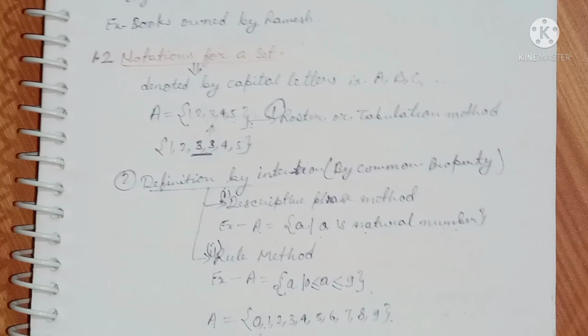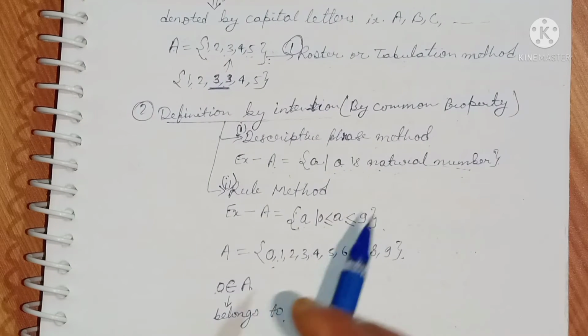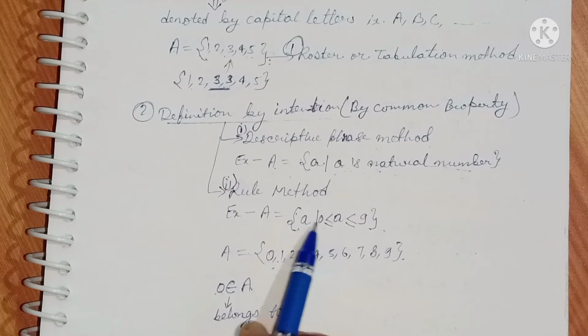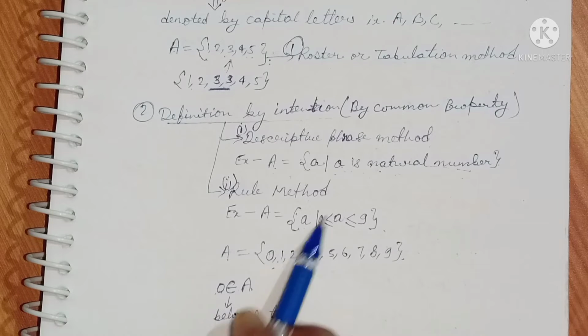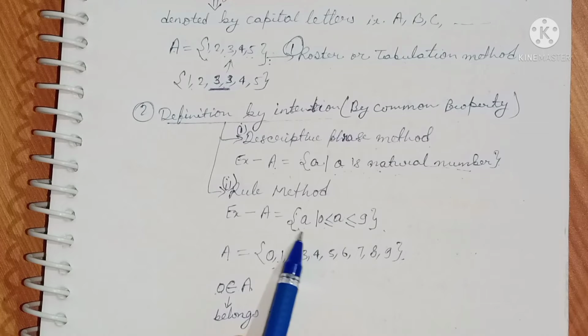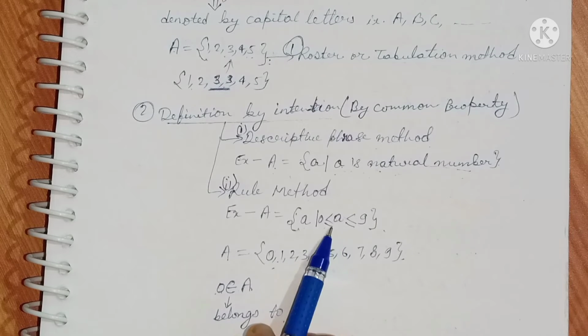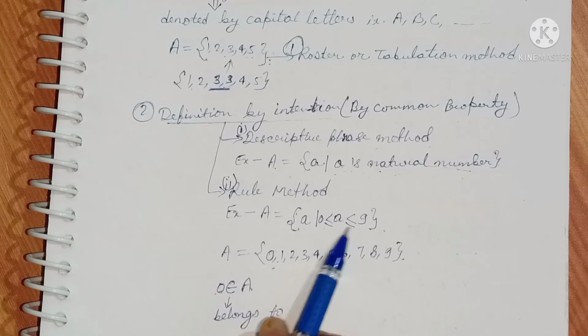The second is the rule method. In this we write down the rule by which we can describe a set. For example, here given A equals, and whatever rule or phrase we write, we always write inside curly brackets. Here you can see curly bracket, A, then a vertical line, and then the rule: A is greater than or equal to 0 and less than or equal to 9.